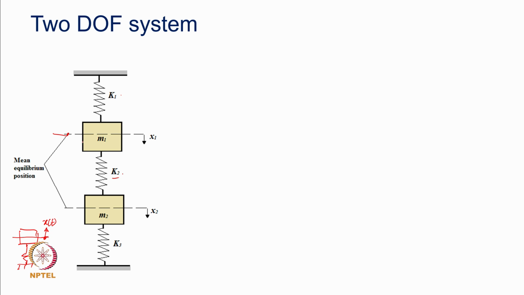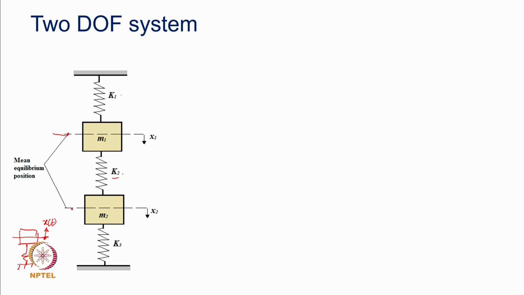So, on similar lines, these two masses are currently at their mean equilibrium position, and the responses x1 and x2 of these two masses M1 and M2 are relative to those two mean equilibrium positions, very straightforward.